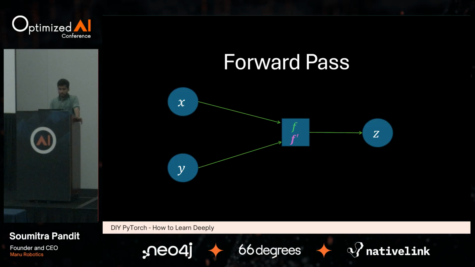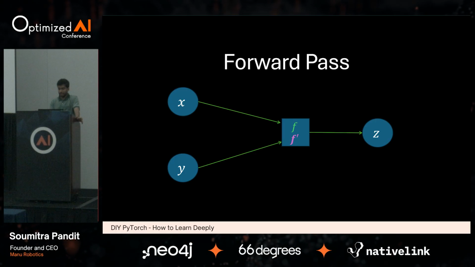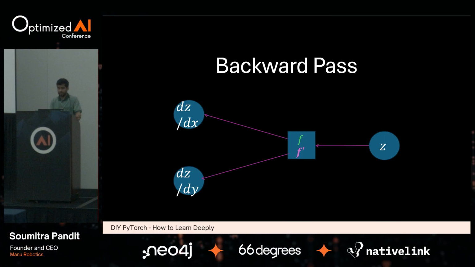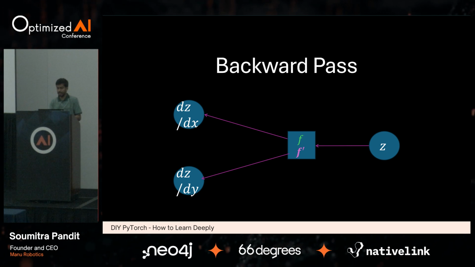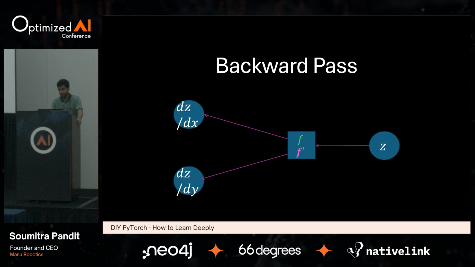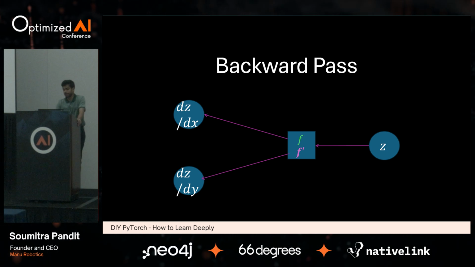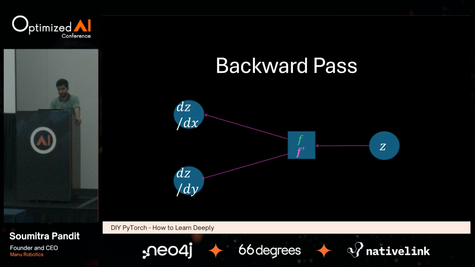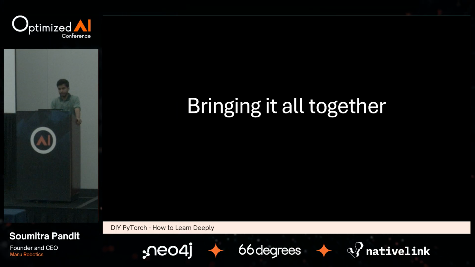In the forward pass, you can have 2 variables, and you can have z, which is f of x, y. And in the backward pass, you can have z, which goes back, and you can see that the arrows are highlighted accordingly for the function, and you get the derivative. And this is held by the block itself, by the function block. Now let's bring it all together and see what picture we have formed.